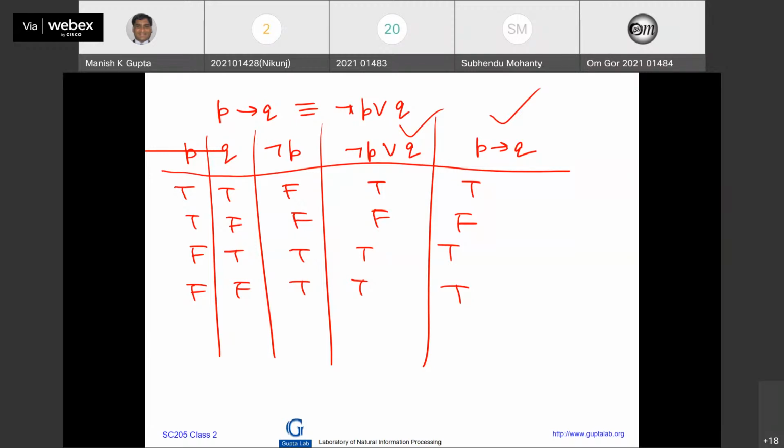So you can see, there are many laws, right? Identity law, distributive law, idempotent law, double negation law, means negation of negation of P is P itself, right? All those things are straightforward. Commutative law, associative law, distributive law, De Morgan's law, absorption law, negation law, and so on.